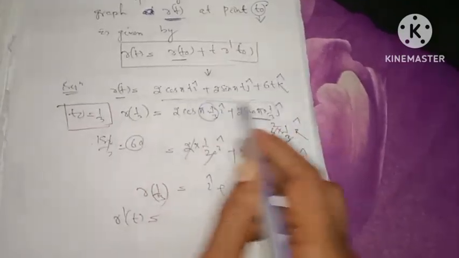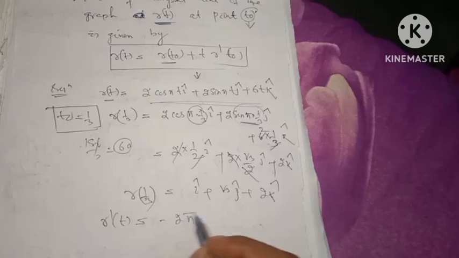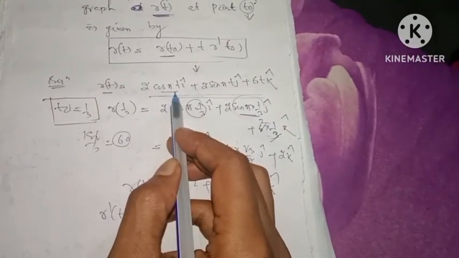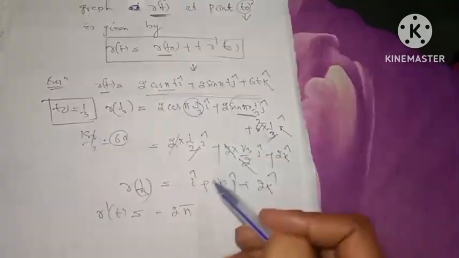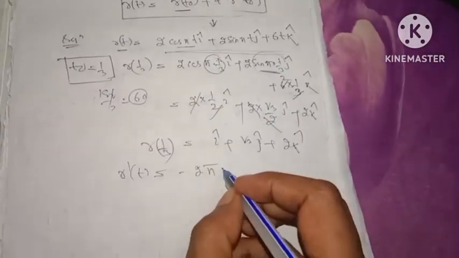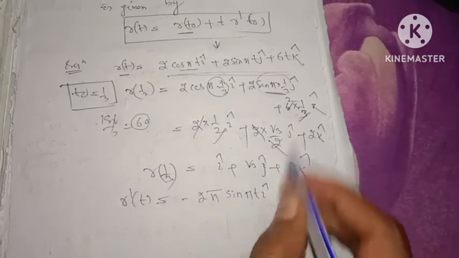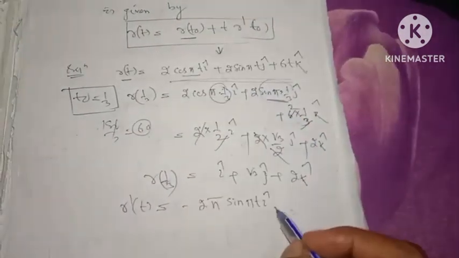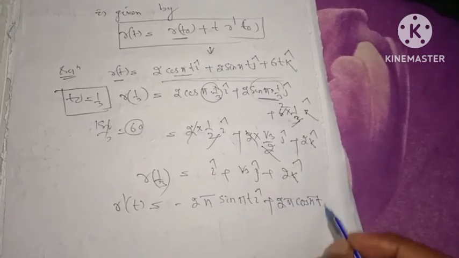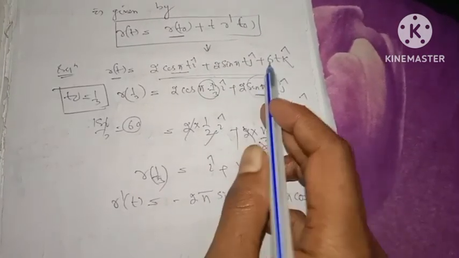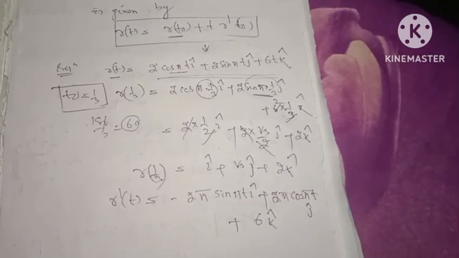The derivative of 2 cos pi t gives minus 2 pi sin pi t i cap, since the derivative of pi t is pi. Now plus, the derivative of 2 sin pi t, with pi constant, gives 2 pi cos pi t j cap. The derivative of 6t k cap is 6 k cap.